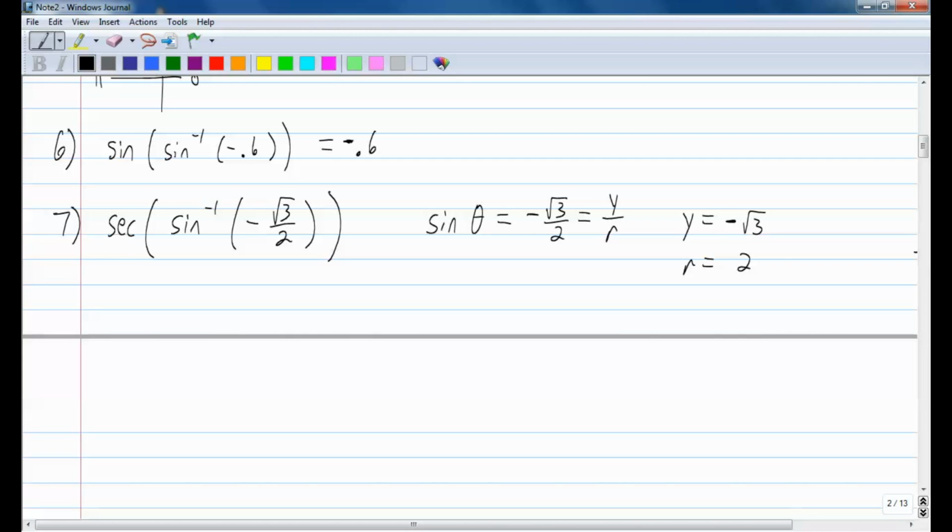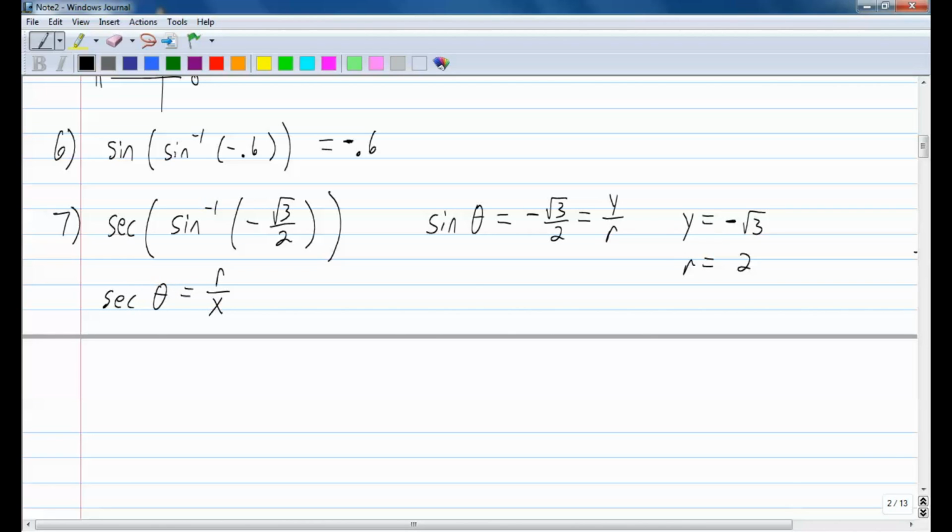Now I want to know the secant of whatever that is inside. Recall that secant in terms of x, y, and r is r divided by x. So I'm going to have to find the x value to solve this problem.